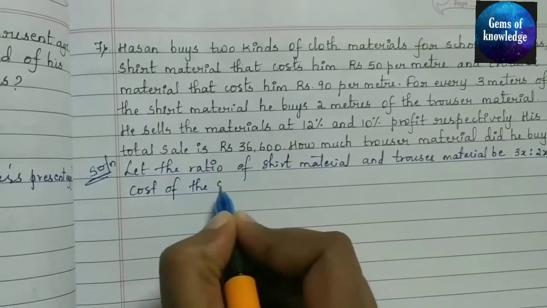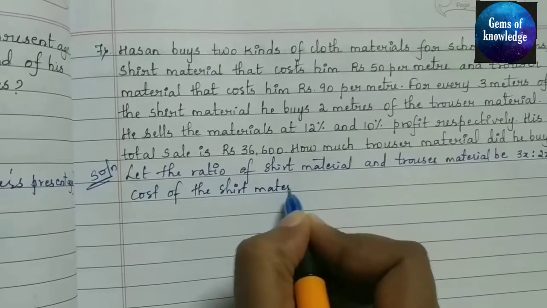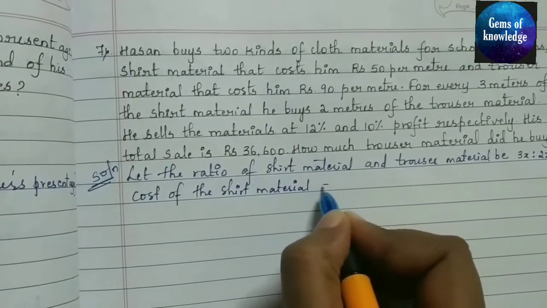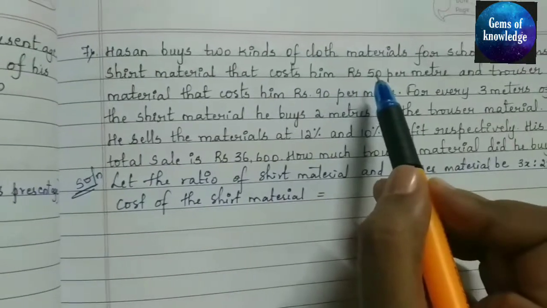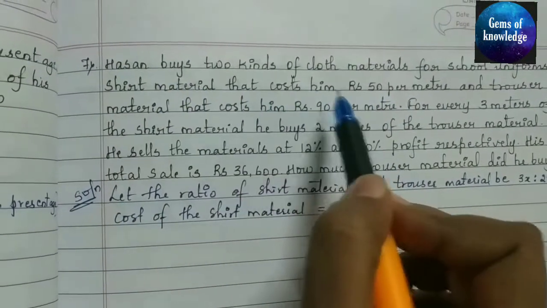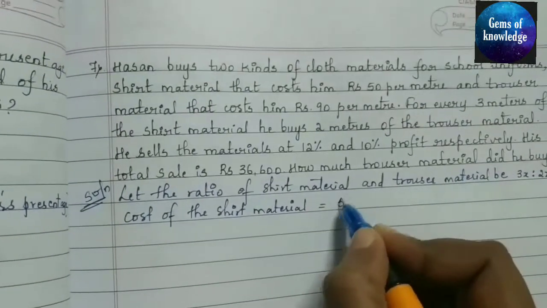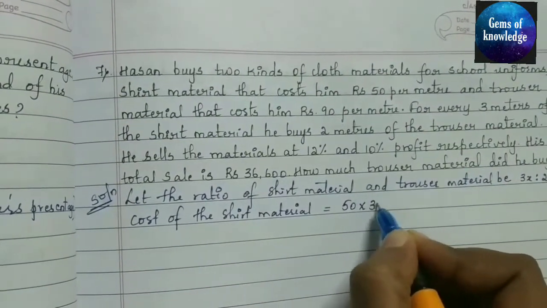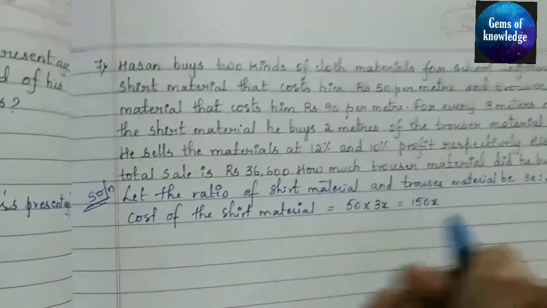Now cost of the shirt material. Now we will consider the cost of the shirt material. That is, he has already given here. You can see here shirt material cost him rupees 50 per meter. So we will consider 50 into 3x. So we will get the answer as 150x.